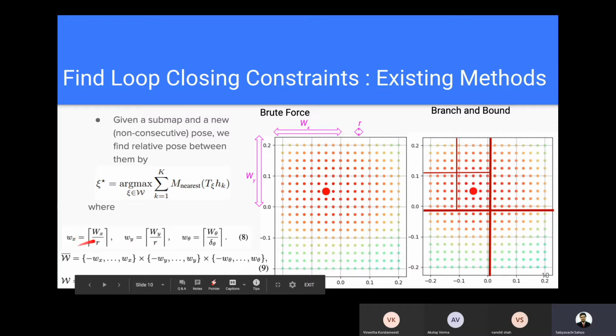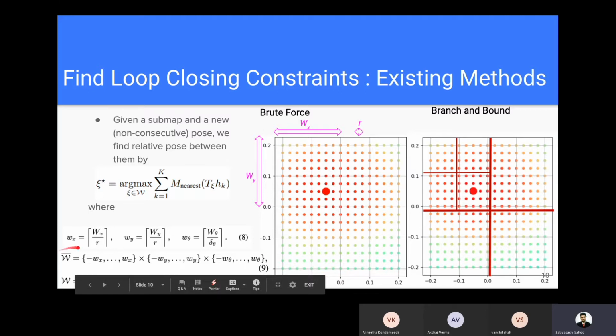We'll actually get Wx equal to 10, which means the search window will vary from minus 10 to 10. That is minus 10, minus 9, minus 8, and so on till 7, 8, 9, 10 in the x-axis, similarly in the y-axis, and similarly on theta. On the x and y axes you have the step size. So let's say minus 10, you multiply that with the step size, you get exactly this point, or you get all the points on this line.